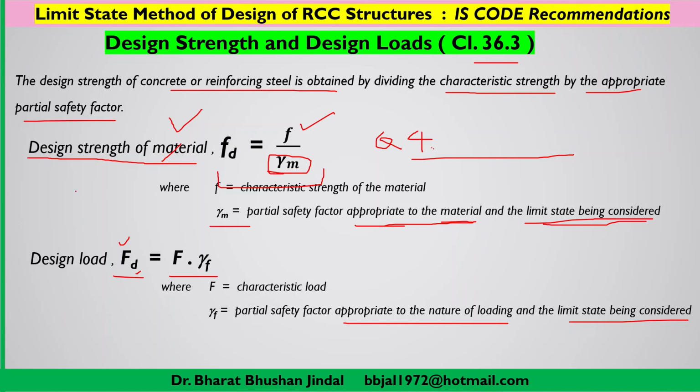That means we are taking strength on the lower side, but design load on the higher side. So again we are assuring that there should not be any type of failure in the design. When you design a structure, you take strength at the lower end but load at the higher end, so the possibility of failure will automatically be reduced.